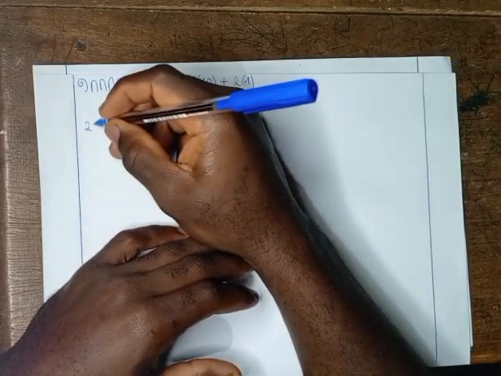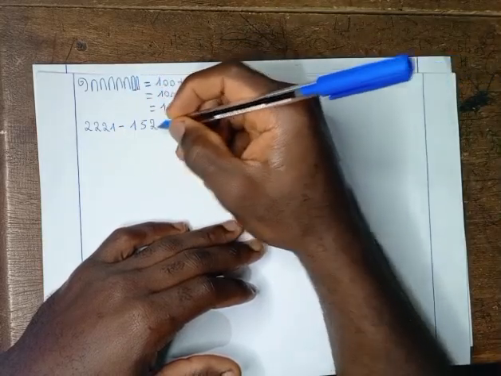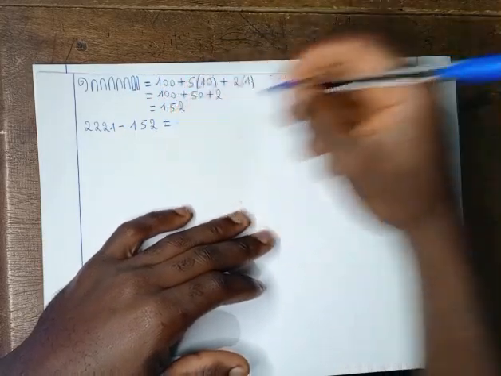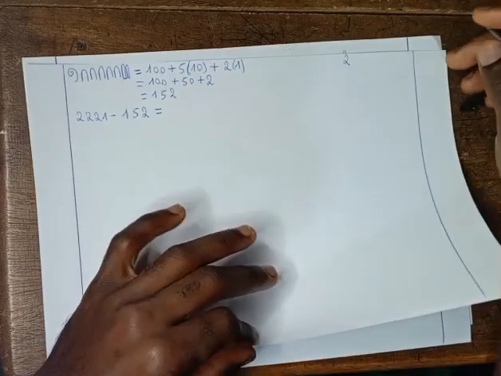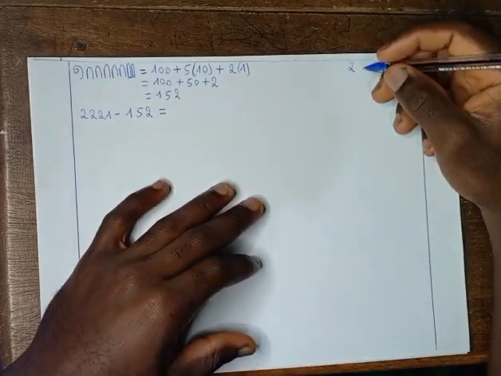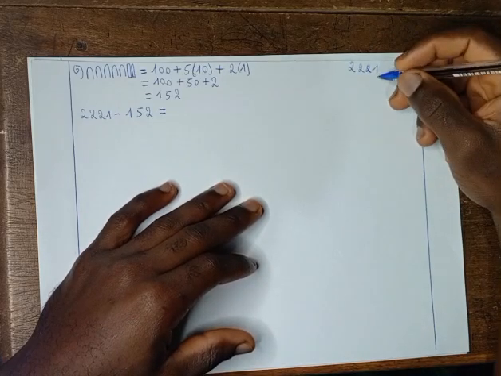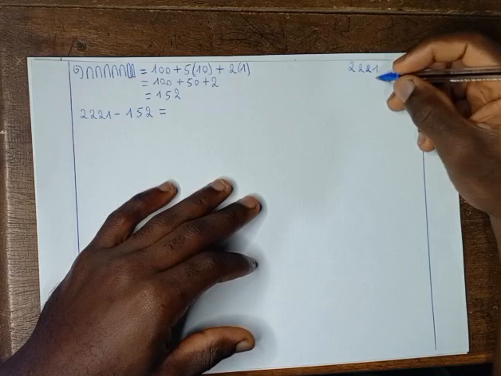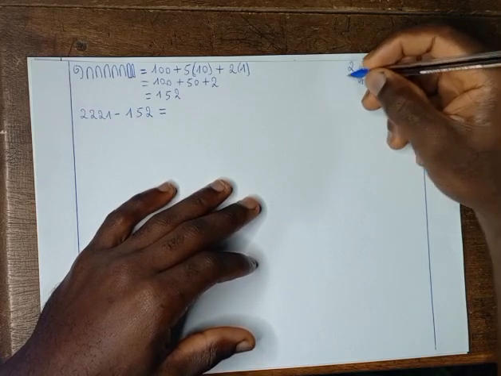Next, we have now 2221 minus 152. Let's perform the subtraction here. 2221 minus 152. I'll place 2 here, 5 here, and 1 here.